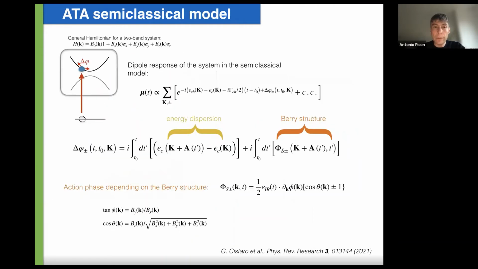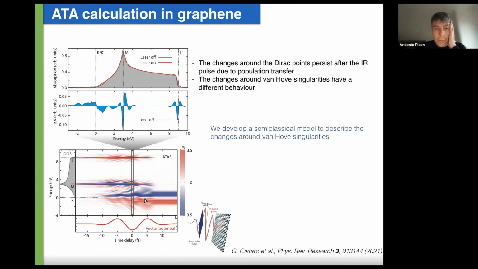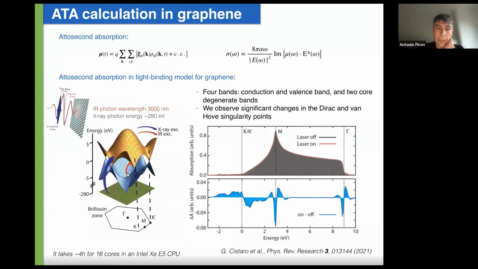But before going there, maybe we explain why these changes around the K point are happening. These are the ones that are easy to explain. If you look at these changes, if it's blue, it means that the absorption is decreasing. So what is happening is that the infrared is populating electron carriers up. So now states that were unoccupied are occupied, and the core electron cannot occupy them because of Pauli exclusion. So the absorption is decreased.